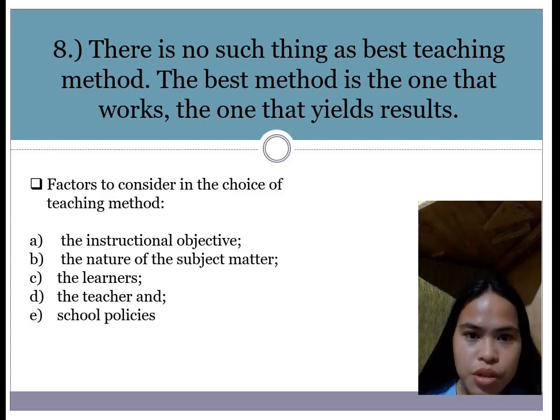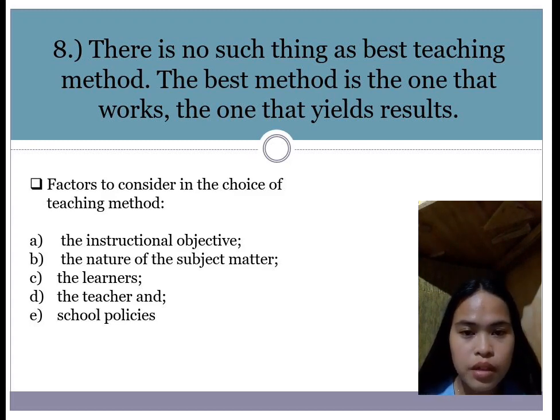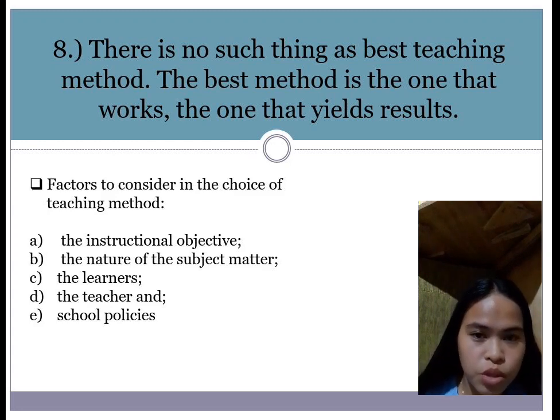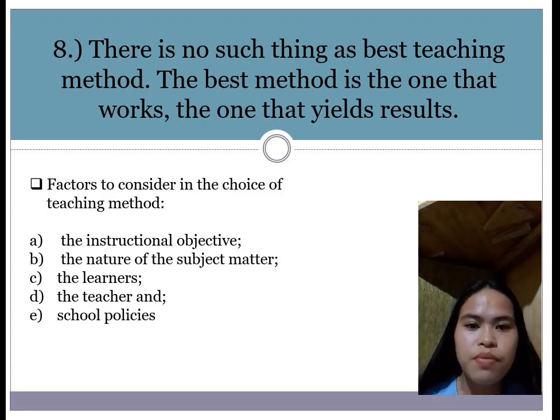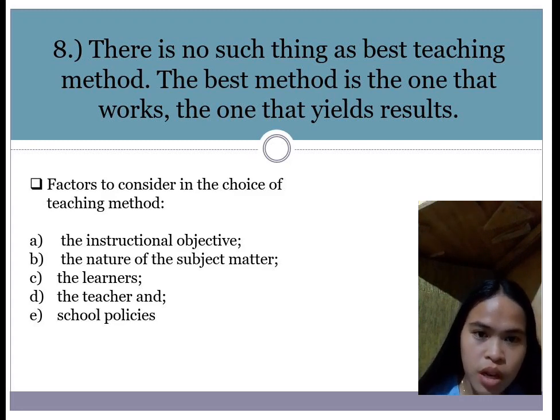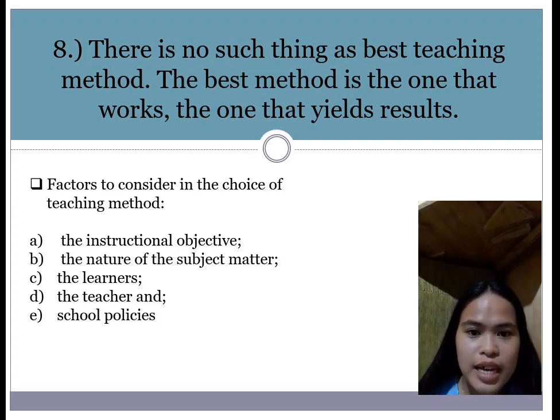Beginning teachers do not feel very confident in the use of the inductive method or the specific to general method. Even if it generates more active participation on the part of the learners, if we feel we are still groping for our subject matter and uncertain in its effective implementation, then it is wiser on our part not to employ it. And now for the last but not the least, the school policies.